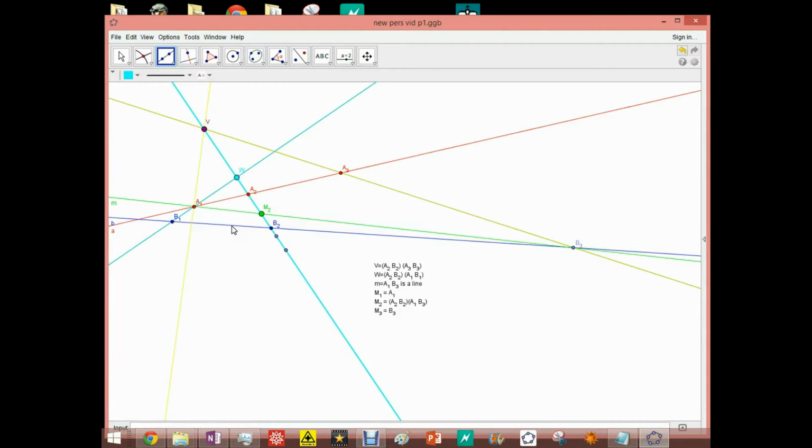And notice we've preserved the collinearity of points.